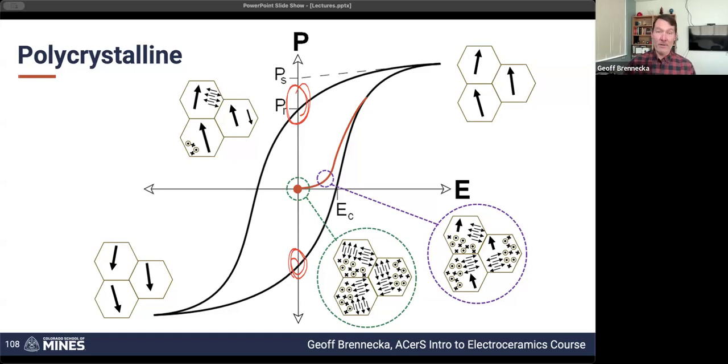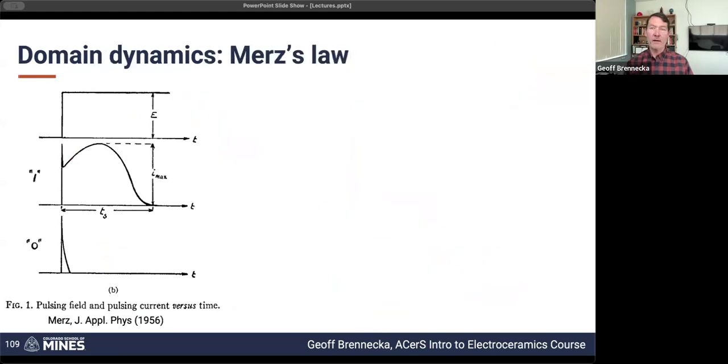We have infinity M, which gives us that same matrix as the 4MM. So we are able to have a D33, a D31, and a D15. And those are non-zero values of piezoelectric response, even in this completely originally random polycrystalline ceramic. So that's how we're able to actually make ceramic piezoelectrics, is because of this ferroelectric response.